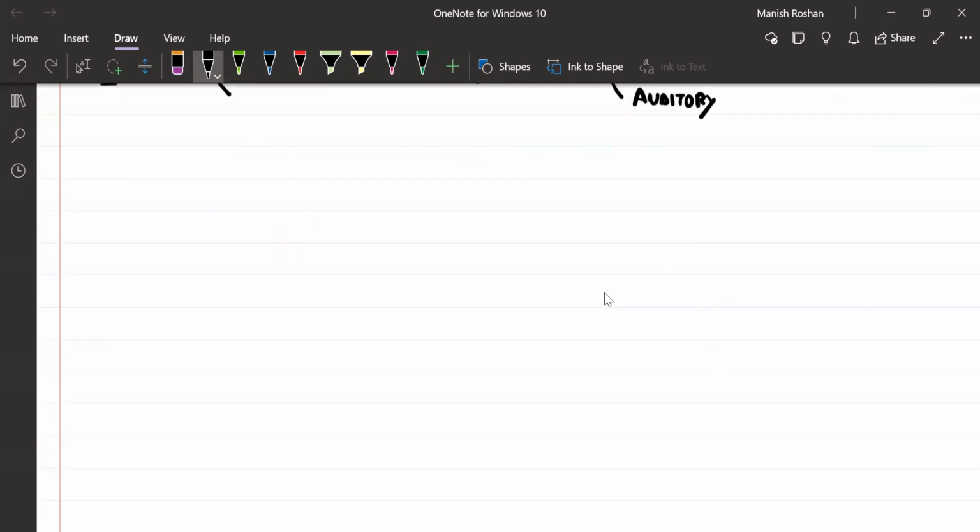Okay, some important things: whenever you are describing, do write the speech sample. The speech sample should be in accordance with the patient's words.